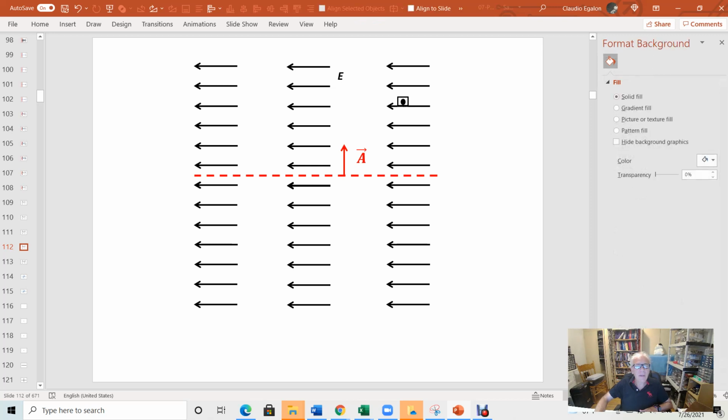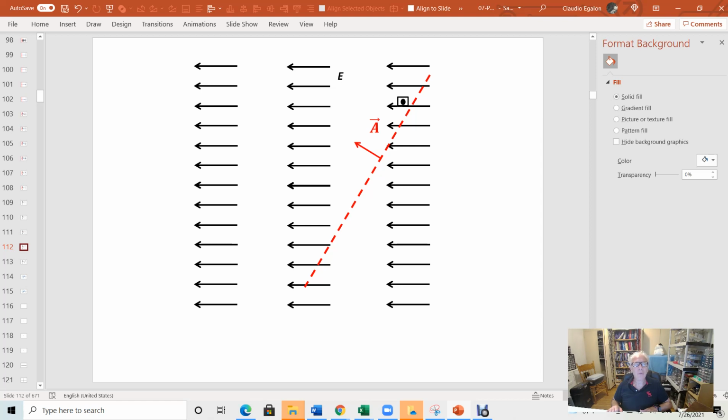In this specific case, the number of electric field lines that cross the imaginary area is exactly zero. So we have a maximum and a minimum. Minimum means zero, and anywhere in between.